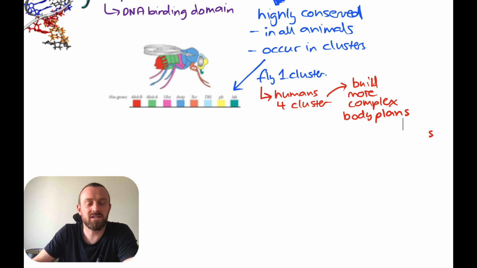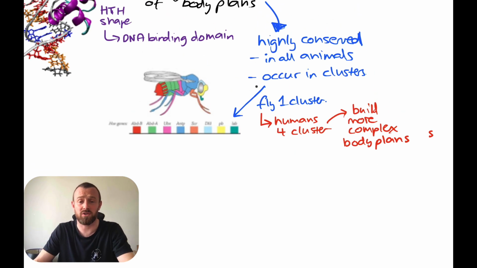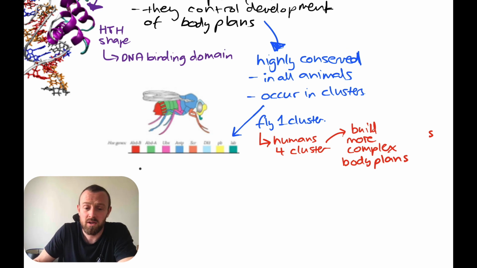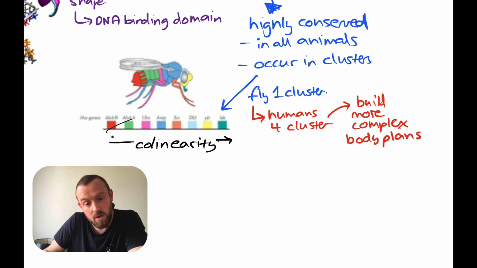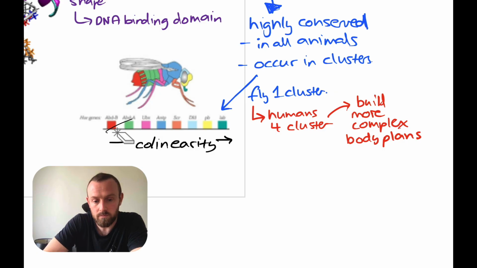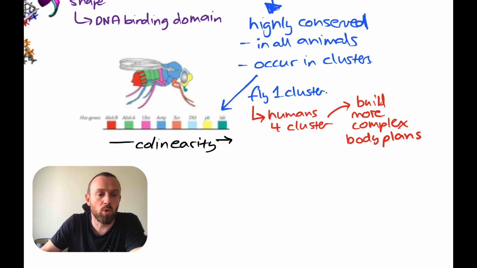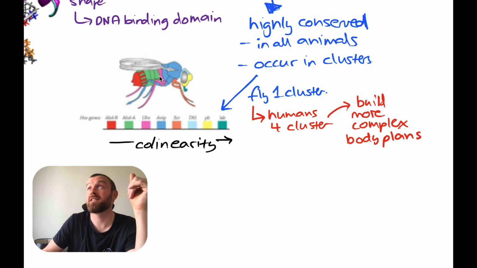Now, 2 other words that sometimes come up, and I haven't seen many questions on this to be honest, but these are things that could come up. There is a word called collinearity, which expresses how they work. It basically means that the sequence of the Hox genes on a chromosome, let's pinch in a bit more on this fly here, is in the same order as which body part the gene controls.